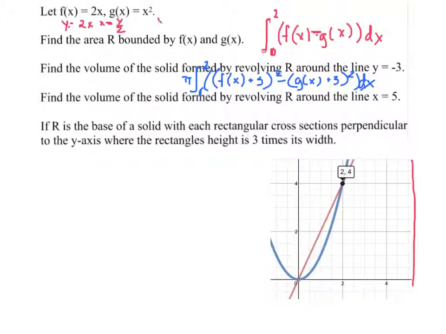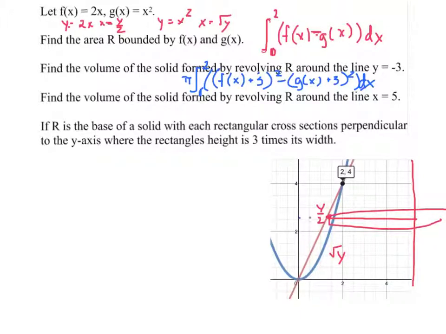And instead of y equals x squared, we're going to need to have x equals the square root of y. So the square root of y is here, and this is y over 2. And the radius, because it's going to be rotated around like this, is going to be the distance between 5 and the function.